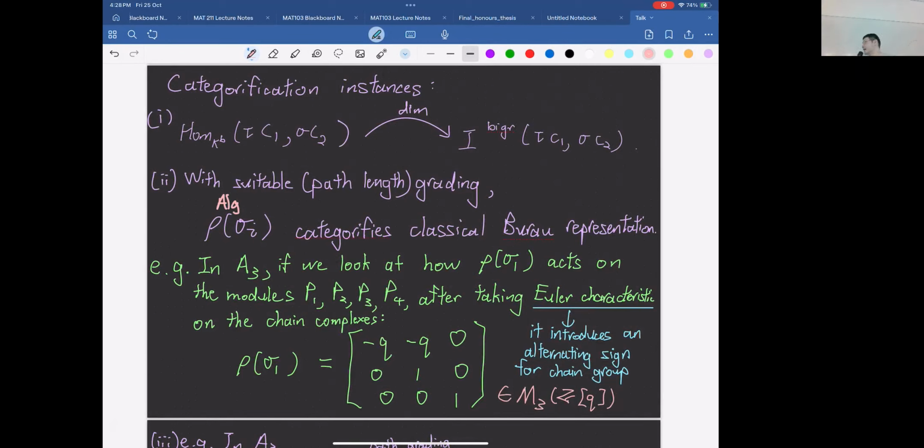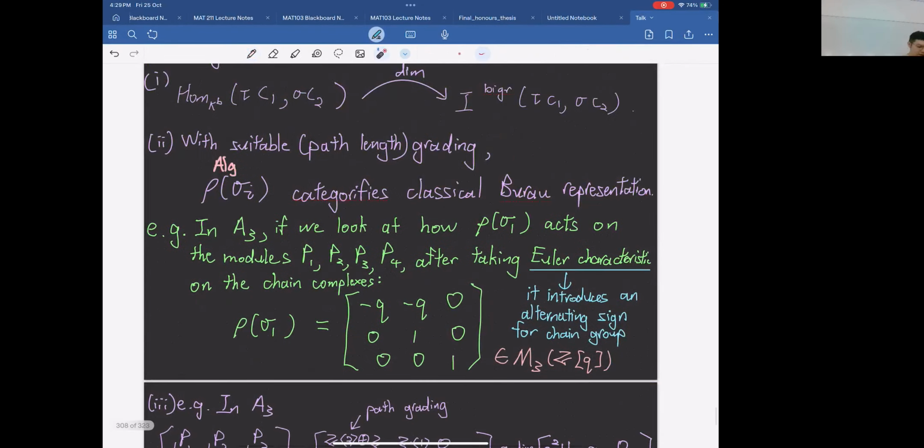If you take the action of this sigma i on the projective modules P1, P2, P3, P4, for example, in this A3 case, and then after you take the Euler characteristic, you will get this matrix. That's why I mentioned linear algebra at first. Once you reduce the structure, it is just linear algebra. But actually, there's a more sophisticated structure here, which we call the triangulated category. So triangulated categories are closely related to linear algebra.